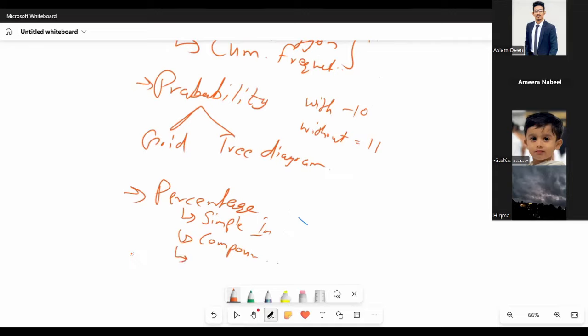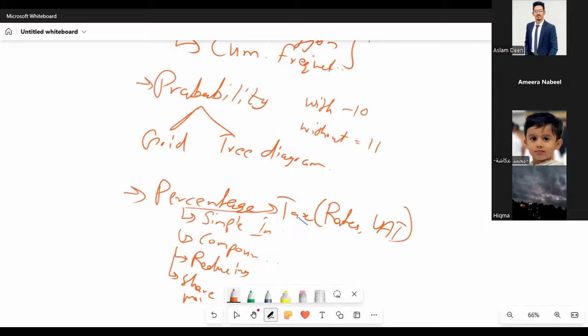We have reducing balance, share market. I forgot to mention one. The first one is going to be rates, or we can take it as tax. Rates, income tax, but everything comes under this tax. All right. So in this, we have five. So out of the five, you can get anything.